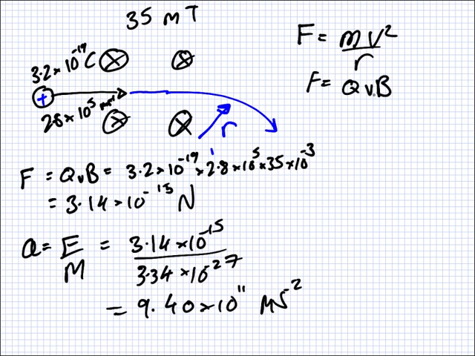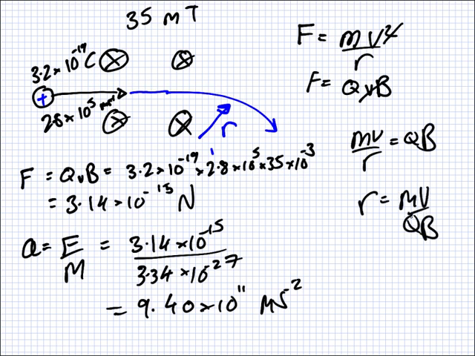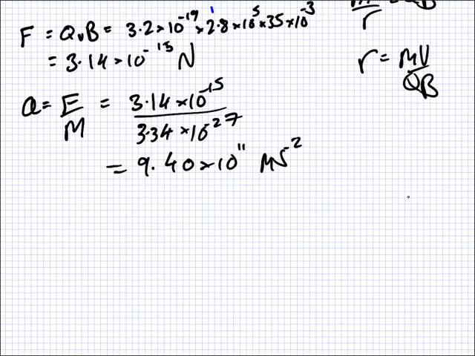So if you make these equal, you can cancel the V's and you get mv over R equals QB. So R equals mv over QB. Now sometimes they have that formula in the book, sometimes they don't, I don't know why.